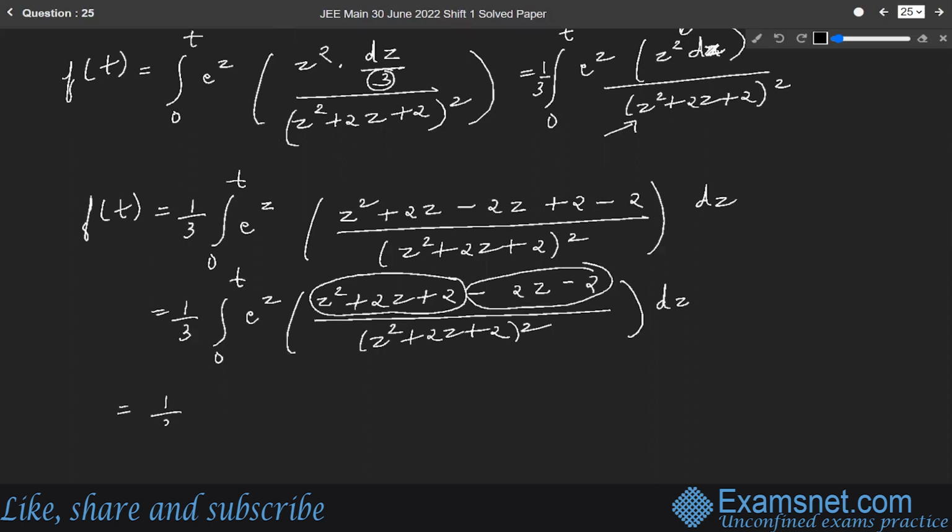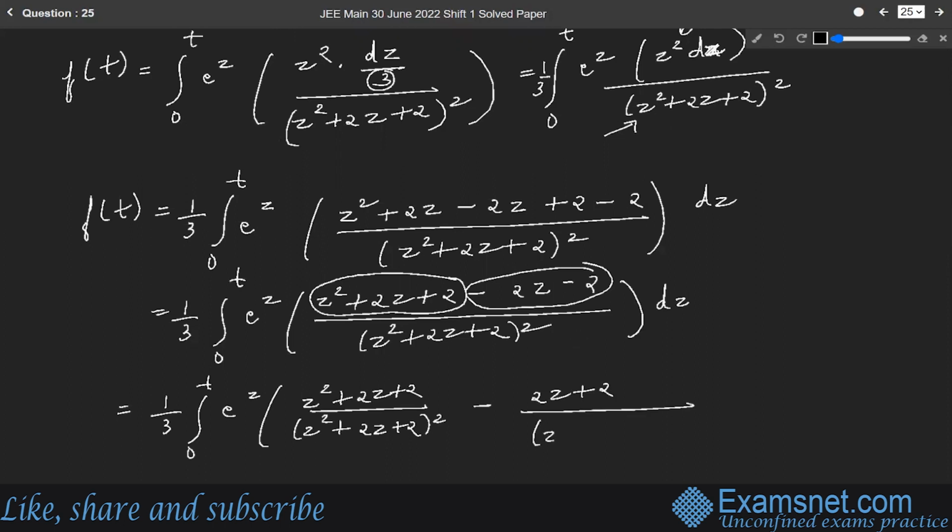So it will be 1 by 3 into integral of 0 to t e power z into z² plus 2z plus 2 divided by, the denominator will be same, z² plus 2z plus 2 whole square, right? Minus, we have taken minus common from minus 2z and minus 2, so it will be 2z plus 2 divided by z² plus 2z plus 2 whole square and dz, right?